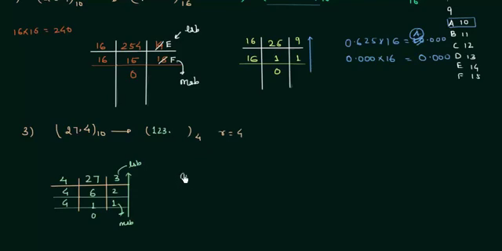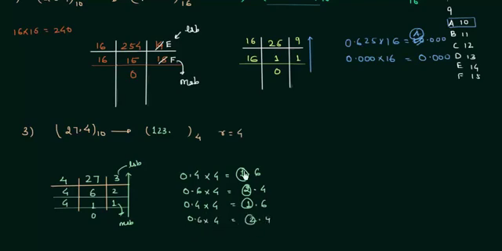Now we will multiply 0.4, the fractional part, by 4, and we will have 1.6. We will take this 1 out and we are left with 0.6. We will again multiply it by 4 and the result is 2.4. We will take this 2 and we are left with 0.4 again, and multiplying it by 4 gives us 1.6. 0.6 multiplied by 4 gives us 2.4.